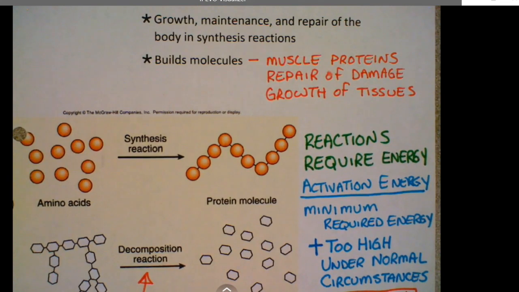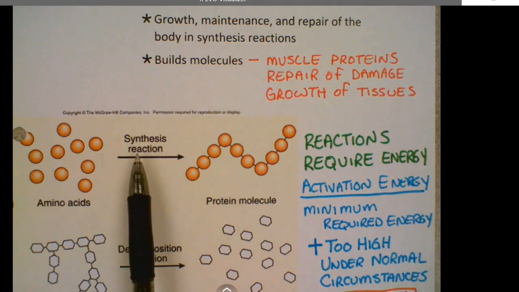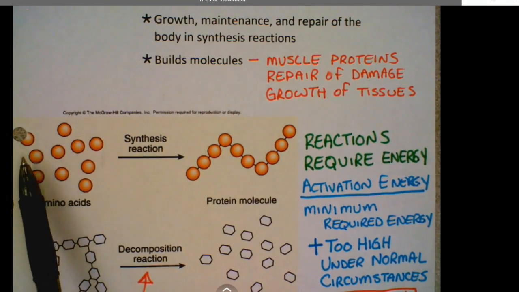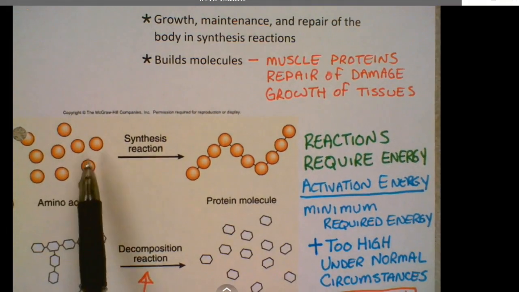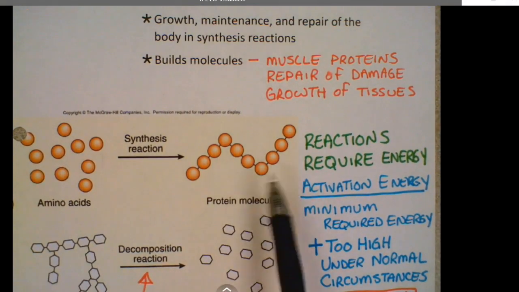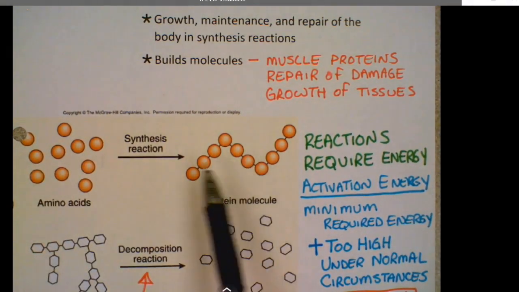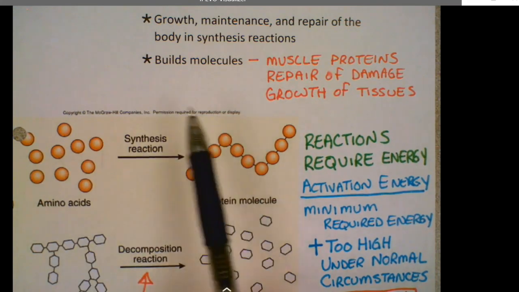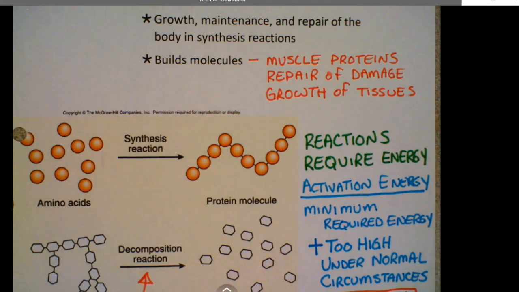So let's just look at this first example. This says it's a synthesis reaction, so that's anabolism. We're going to take, for example, these separate amino acids, and we're going to build a long chain of amino acids. So we're building something here, and that's just an example of anabolism.